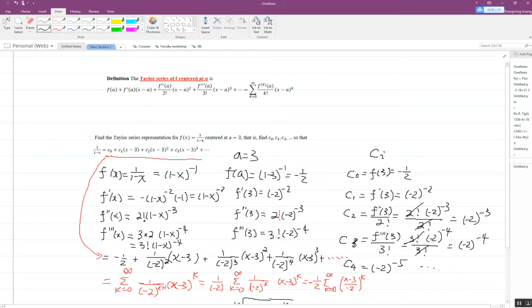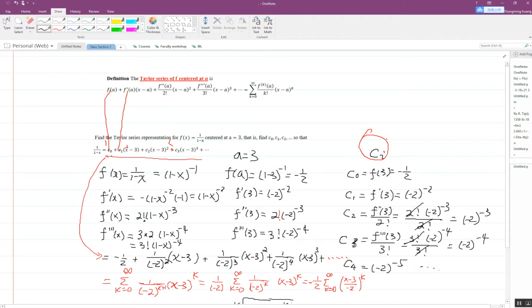Similarly, f double prime at 3 is 2 factorial, so plug in 3 here: 2 factorial times negative 2 raised to the power negative 3. Similarly, f triple prime at 3 is 3 factorial times negative 2 raised to the power negative 4. The last column that I'm going to do is to find those c_i's. Recall that all those c_i's are the coefficients.